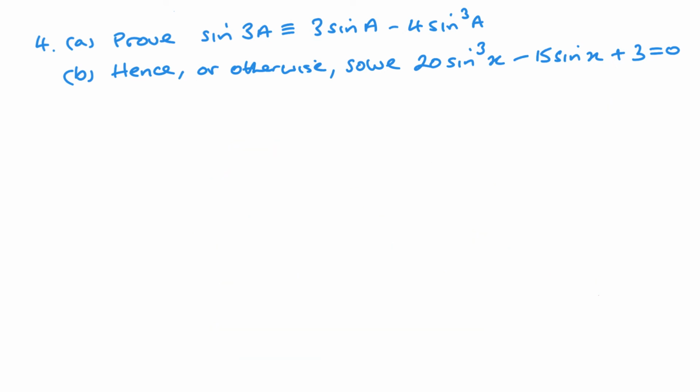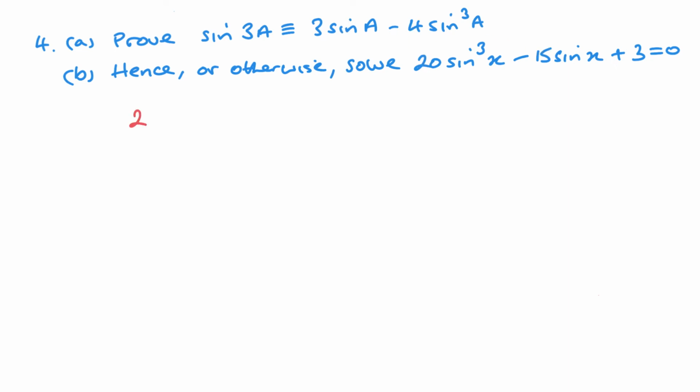So first thing we're going to look at is that this is very similar, sine cubed and sine cubed and sine. Difference is this sine cubed is negative and this one's positive. This sine is positive and this one's negative. So there is very much a similarity there. And look, multiples of each other.